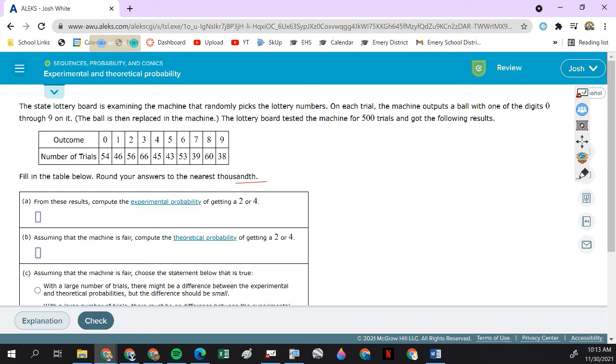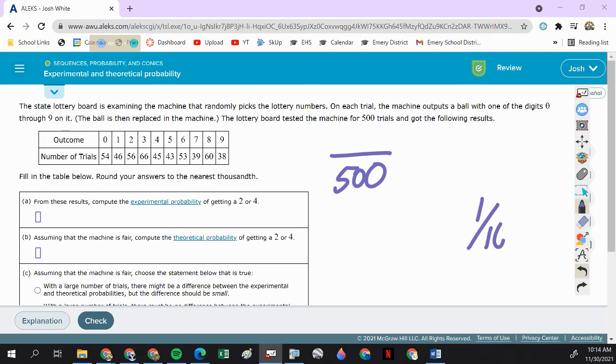So, if we play this game 500 times, how many zeros would we expect? Well, 0 is how many of the total numbers? 1 in, well, there's 9 plus the 0, so 10.